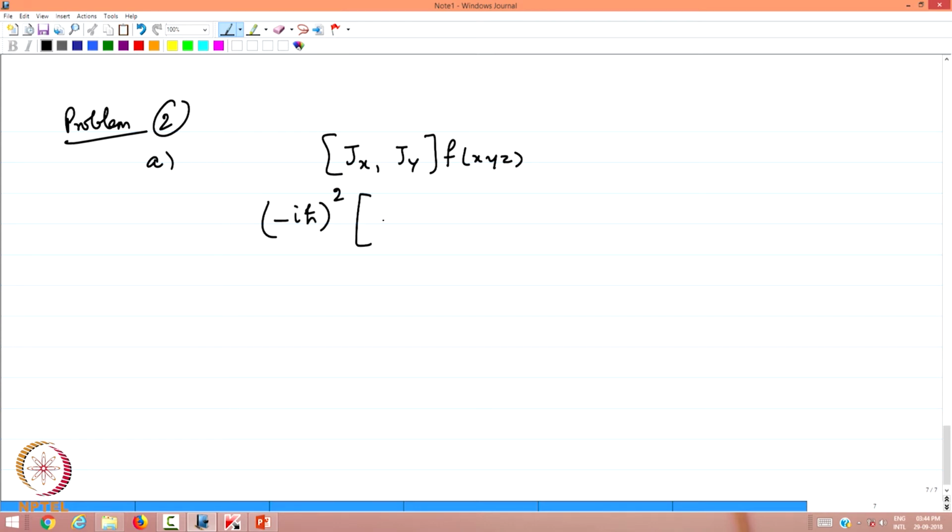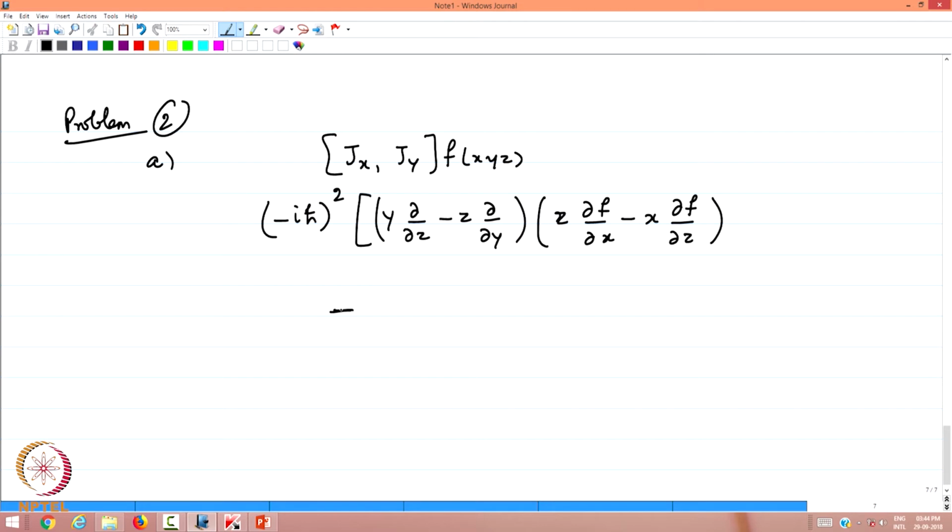Therefore, I would write this as y ∂/∂z minus z ∂/∂y acting on this quantity, z ∂f/∂x minus x ∂f/∂z. That is JxJy, and JyJx is z ∂/∂x minus x ∂/∂z acting on this quantity, which is y ∂f/∂z minus z ∂f/∂y.